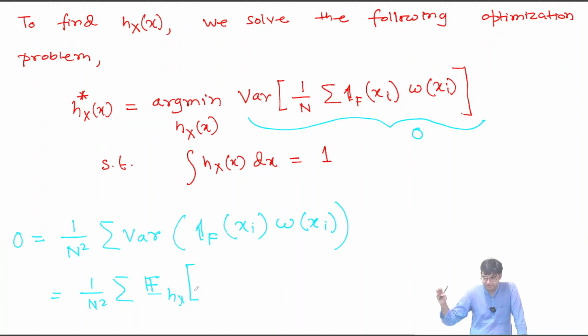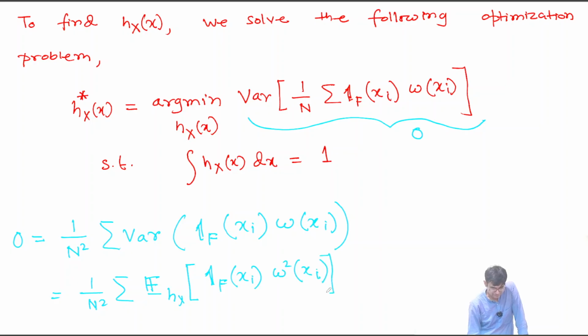What is I square? I square is I, because I is an indicator function, 0 or 1. 0 square is 0, 1 square is 1. So I square is equal to I. I f of xi multiplied by w square. W is not an indicator function. W square of xi. This is just the first term.